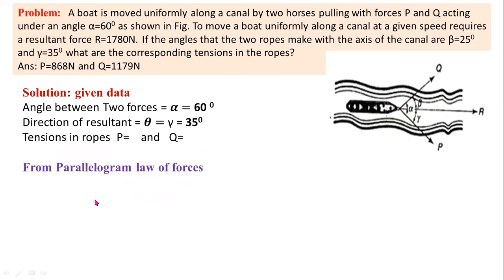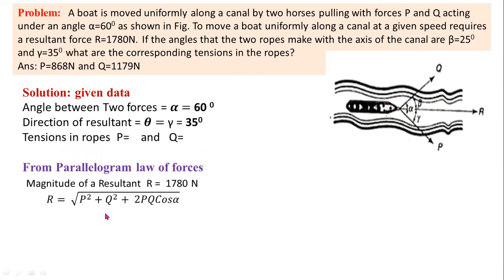From the parallelogram law of forces, we already know the formula for the magnitude of the resultant: R equals square root of P square plus Q square plus 2PQ cos alpha. From this equation you have to find the values. We know the magnitude of the resultant R equal to 1780 is given.